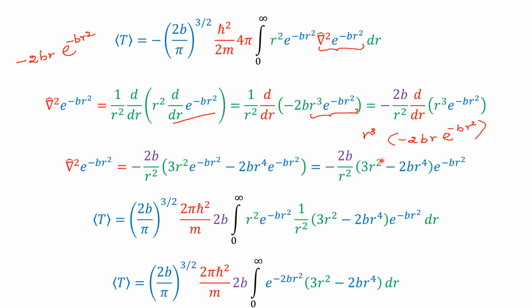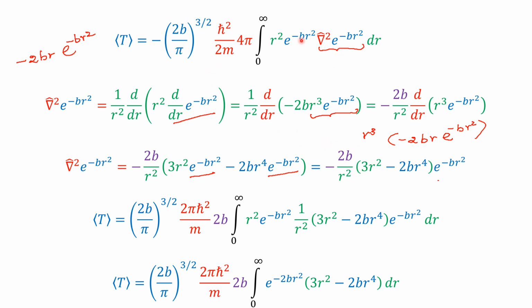Already you have minus 2p, so minus 2p r power 4 e power minus p r squared. So now you have the exponential term common in both terms, so you take it out. Then this will become minus 2p over r squared, (3r squared minus 2p r power 4) e power minus p r squared. Now you substitute this in here.